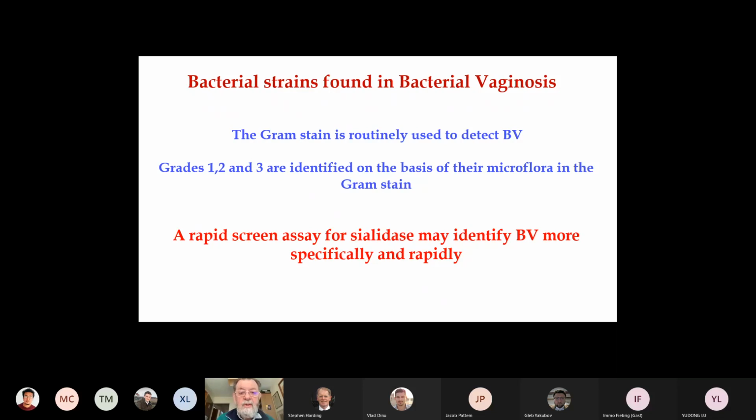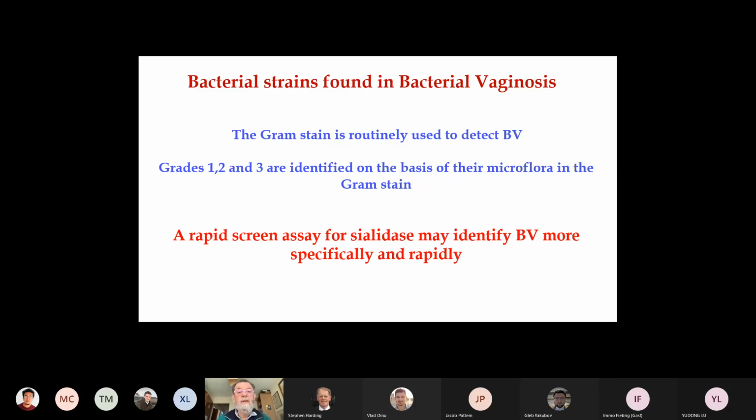You take a swab, smear it onto a glass slide, and then stain it with the Gram staining process, and this gives you a color. These are then graded 1, 2, and 3. 1 is effectively normal, and 3 is strongly bacterial vaginosis positive.